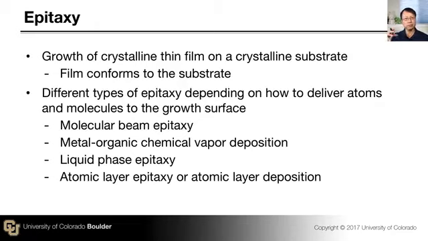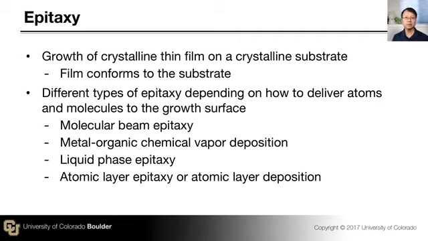So you make a big piece of crystal, and another very, very important technology is epitaxy. Epitaxy means growth of a crystalline film on a crystalline substrate, and the film then conforms to the substrate, so it grows along the direction of the crystal dictated by your substrate.